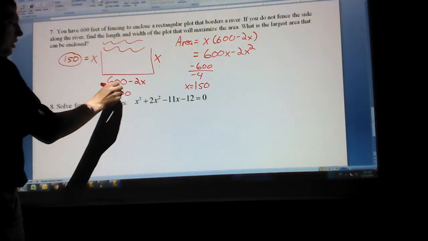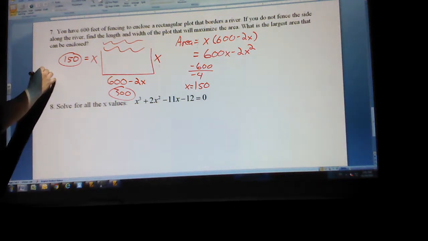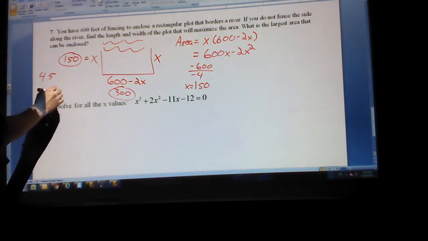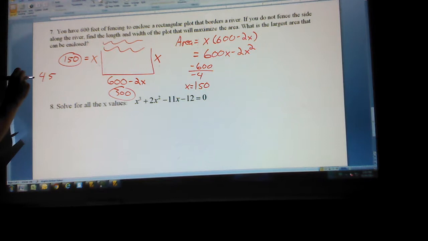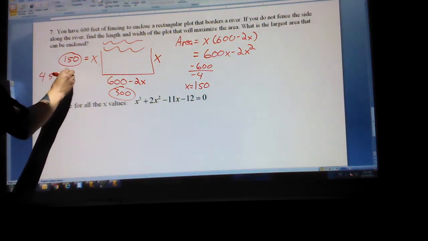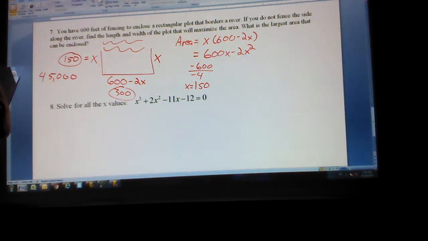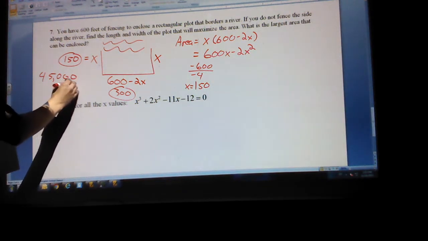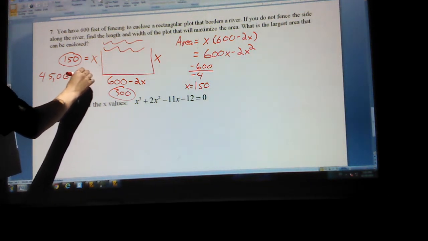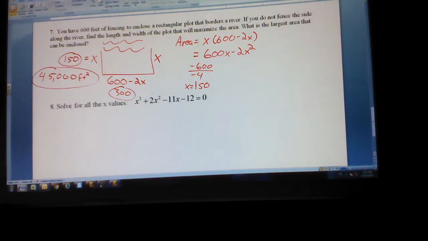Multiply 150 times 300, and you get 45 with 1, 2, 3 zeros, I believe. And there is our answer, and that's what? Feet squared? Feet squared. Boom. Beautiful story problem. I love it.